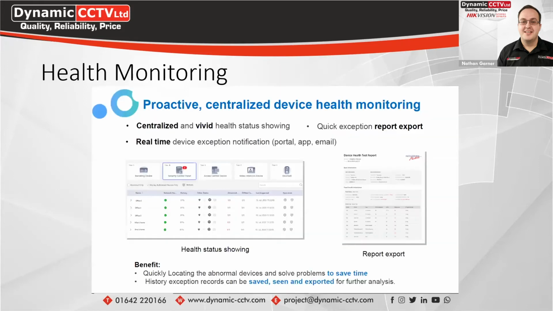So when it comes to the AX Pro alarm system, it's important to know that the alarm's not in a fault scenario or where one of the sensors has failed or anything like that. And with the HikPro Connect, you can see a health monitoring screen, which will give you the status of all your security panels that are added to the system, which would be your AX Pro units.